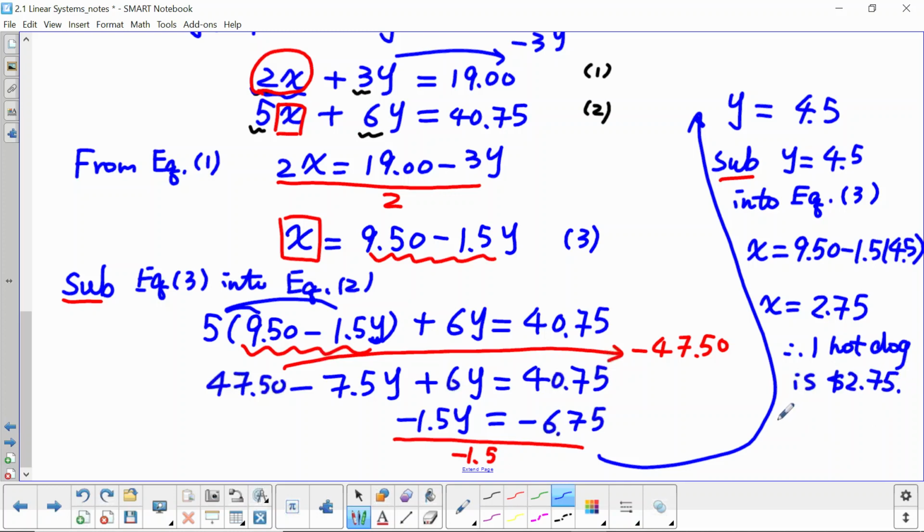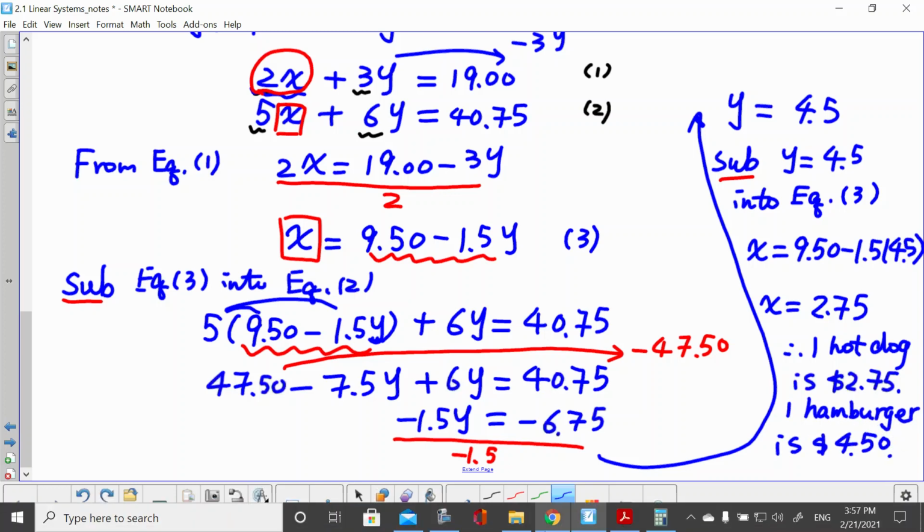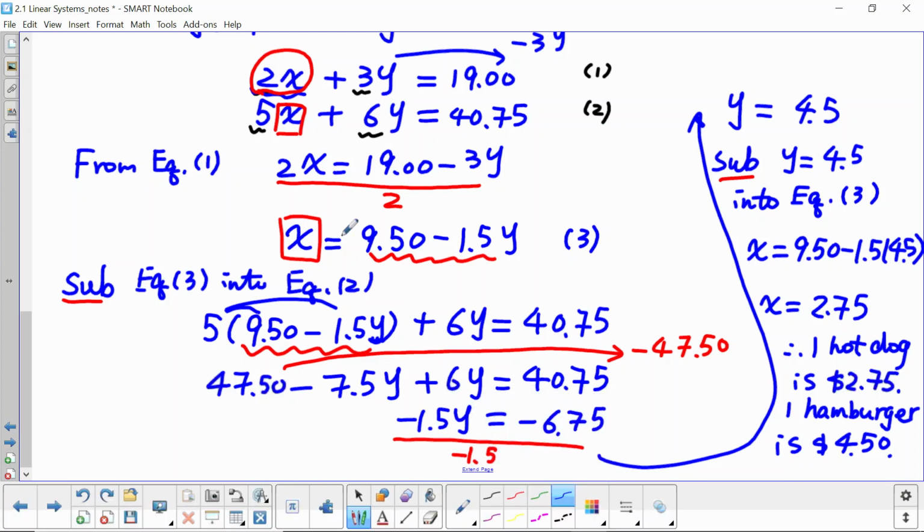One hamburger is $4.50. Pause this video and try to redo this question and see if you can get the right answer. If you didn't, check the solution again and redo it until you get it.